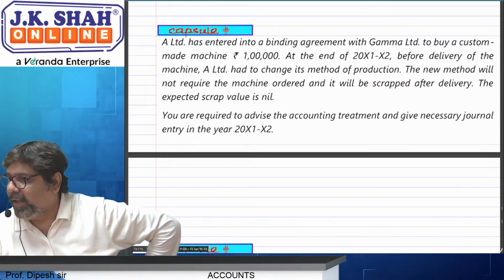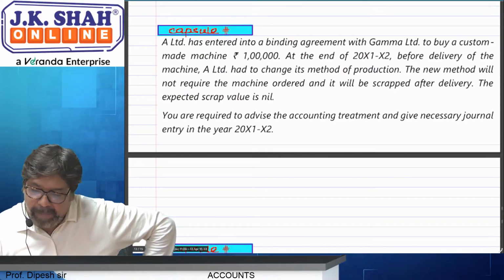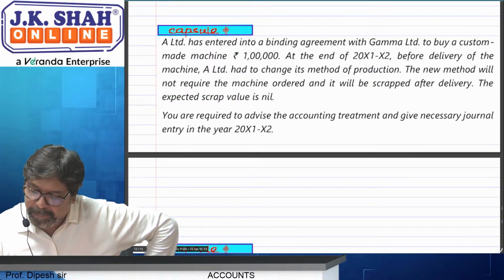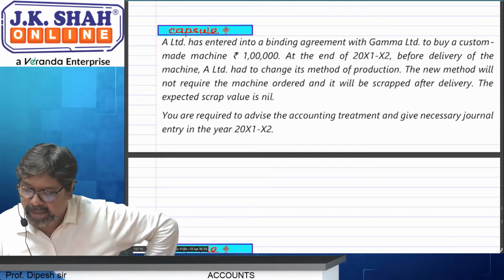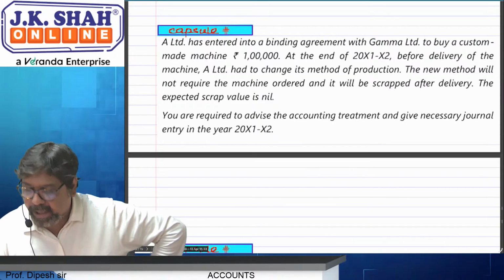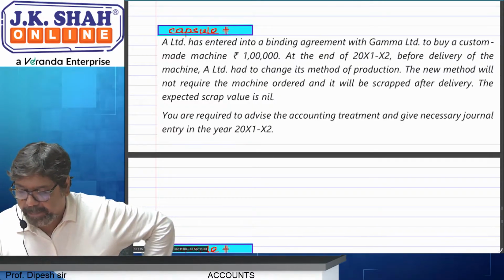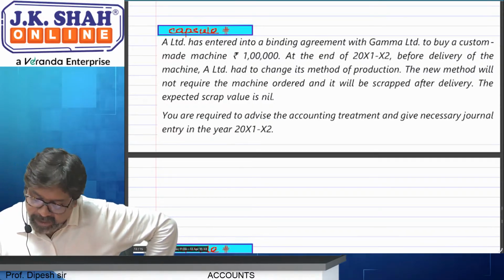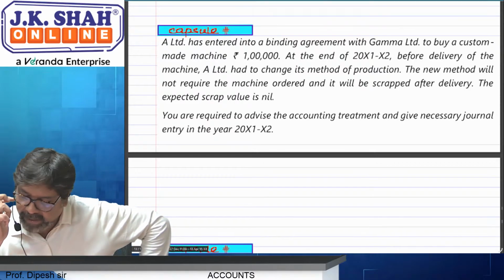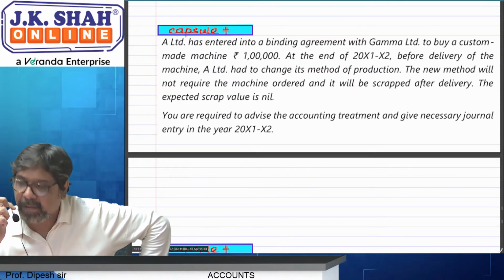At the end of 0102, before the delivery of the machine, A Limited had to change its method of production. The new method will not require the machine ordered, and it will be scrapped after delivery. The expected scrap value is nil.